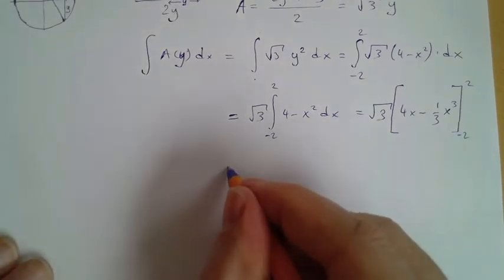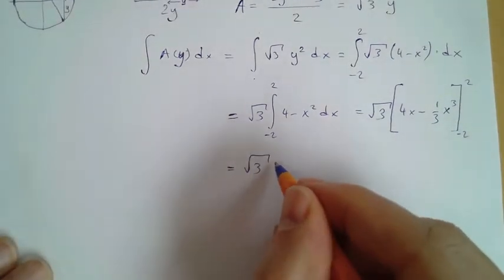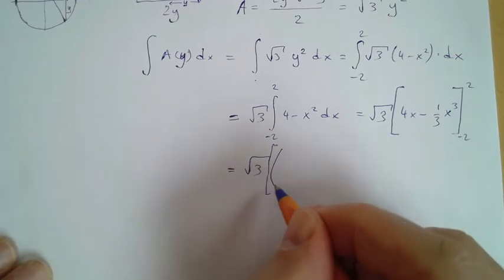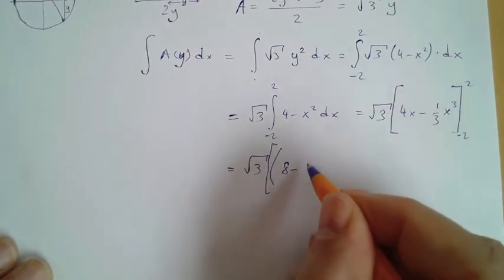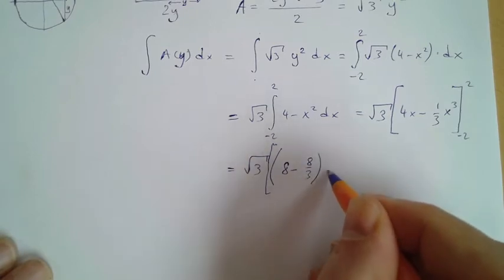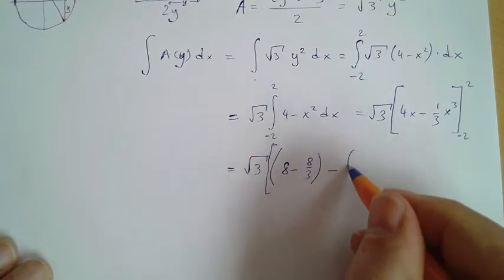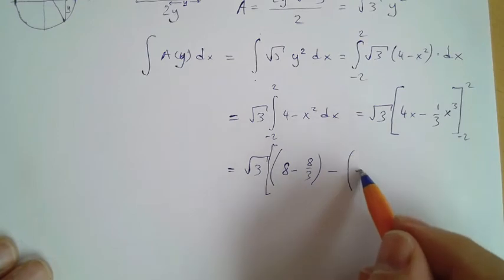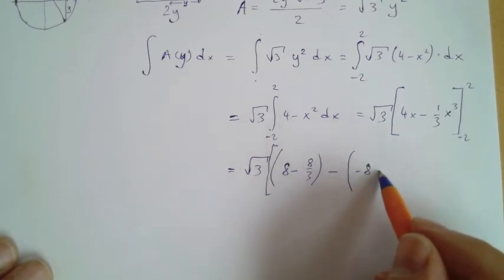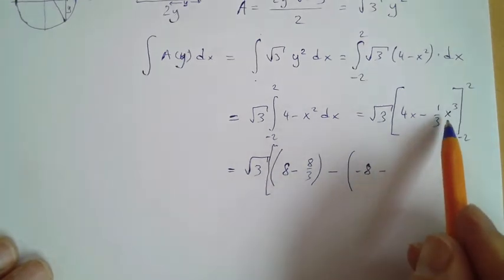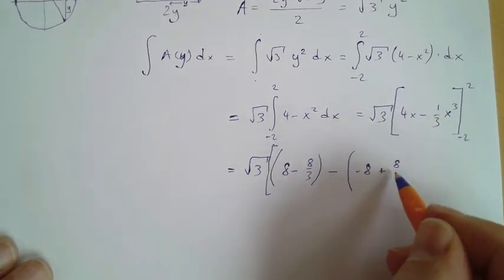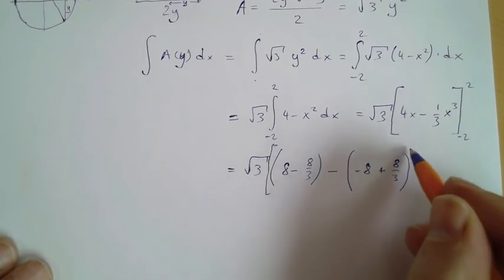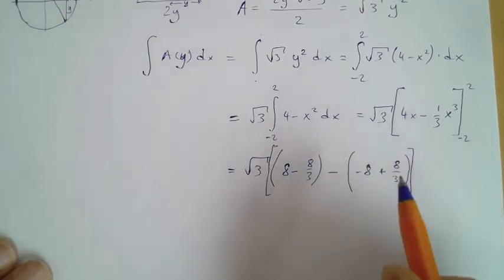So I can plug these numbers in. If I plug in 2, I get 8 minus 8 over 3, minus, for negative 2, negative 8 minus 1/3 of negative 8. So it's actually plus 8 over 3.